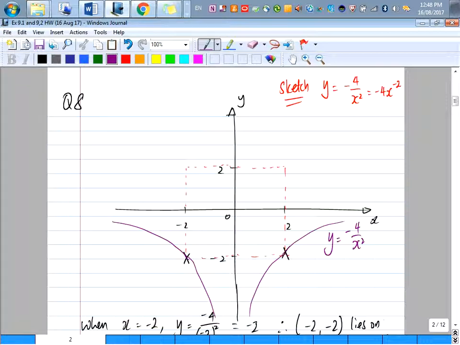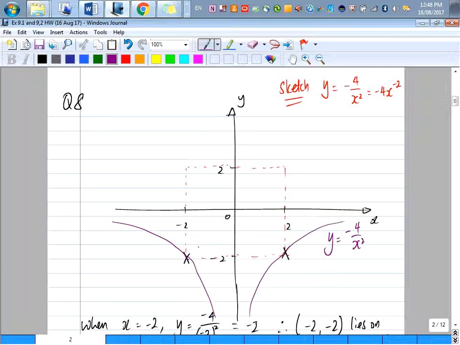Is your scale correct? Oh no, there's no scale, right? Let me see it. You are supposed to pass through this point, negative 2, negative 2. But you didn't. This is the point here.